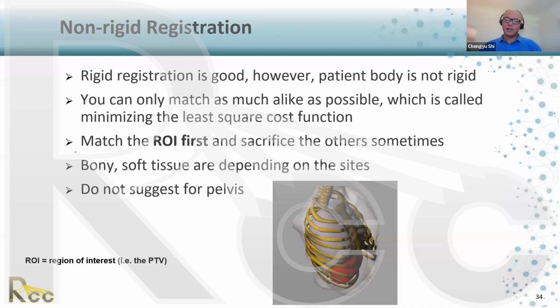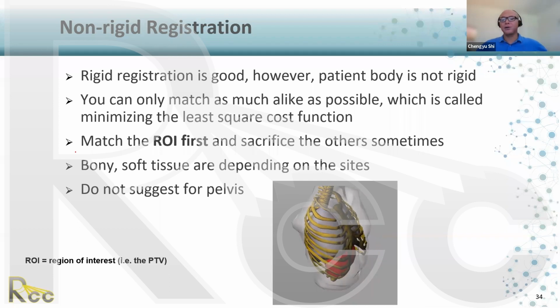And unfortunately, so far, we don't have one algorithm, like demons or mutual information, any registration algorithm that can do non-rigid registration so well. You can believe it, but it's like blindfolding your eyes to shoot a bird.